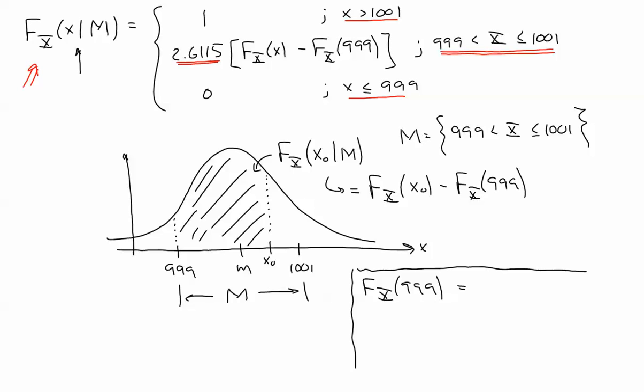That's just 1 minus Q of negative 0.5, and by symmetry that is Q of 0.5, and that is 0.3085. Okay?